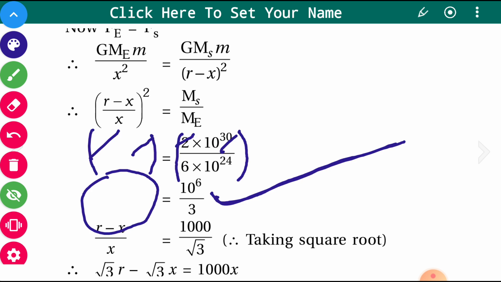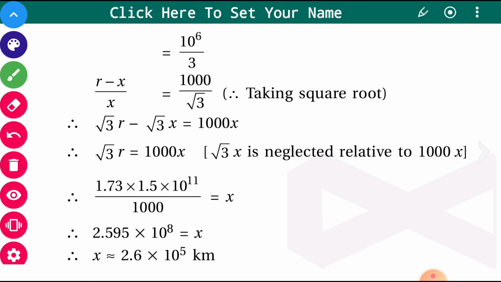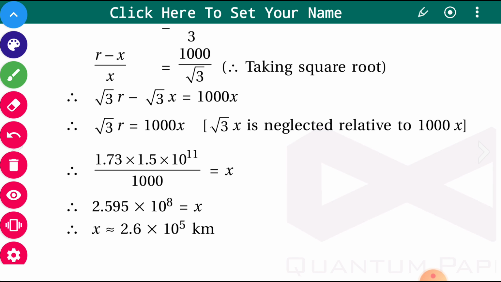So these are the values which are kept. You get 10 to the power 6 upon 3. Take the square root. So (r minus x) upon x is equal to 1000 upon root 3. Now root 3 is multiplied, cross multiplication is taken. So root 3 r minus root 3 x is equal to 1000x.